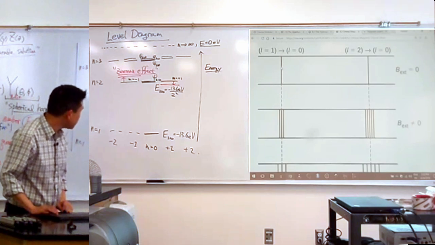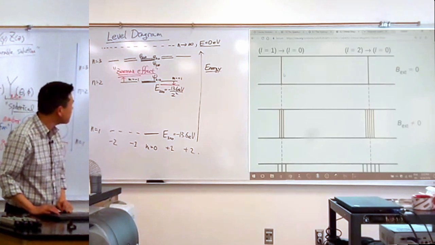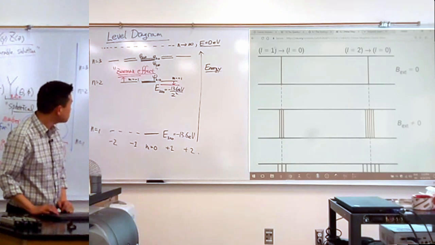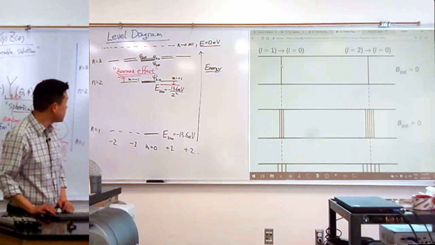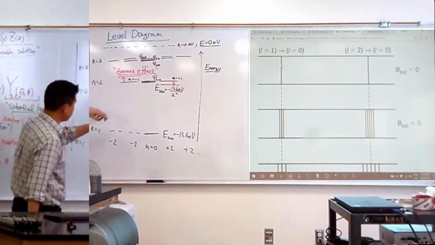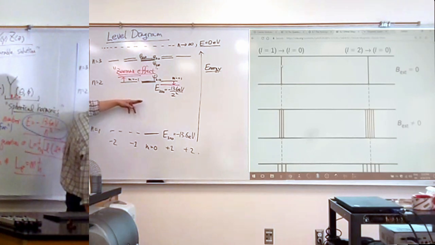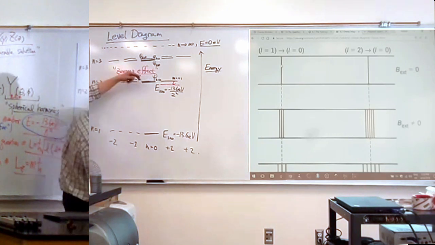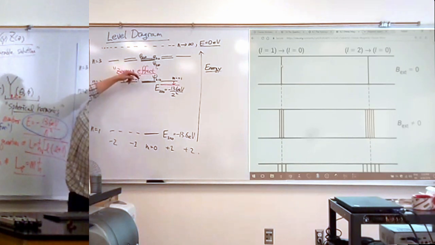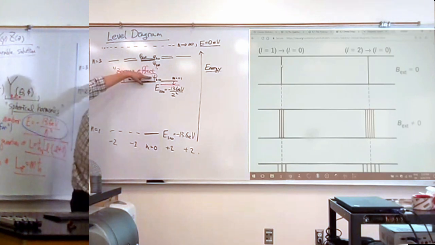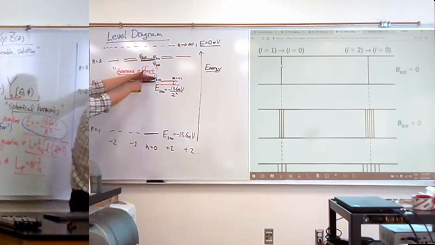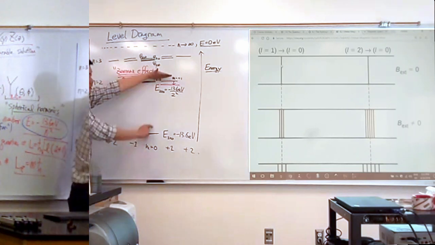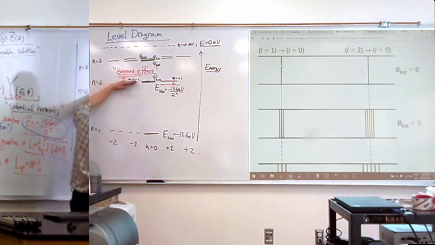They are plotting the transitions where they used to be, so this L equals 1 to 0 transition is actually potentially 4 different transitions, subject to a selection rule that might rule out one of them. Actually 3. So with the psi 210, you have this state from here to here, 1, from here to here, another, or from here to here, 3.